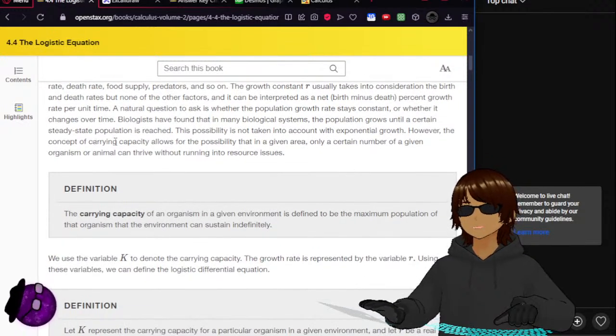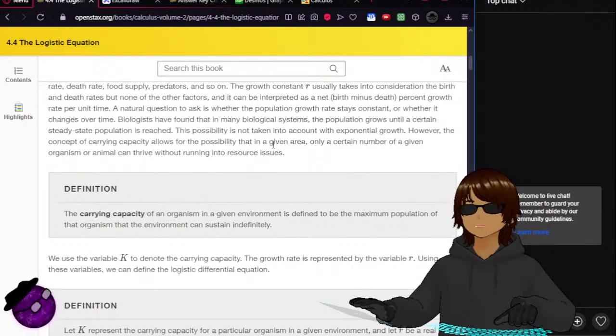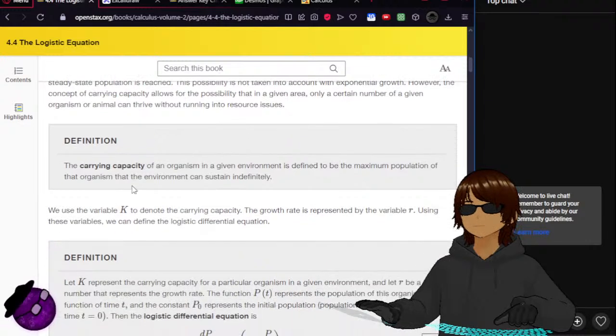However, the concept of carrying capacity allows for the possibility that in a given area only a certain number of a given organism or animal can thrive without running into resource issues. The carrying capacity of an organism in a given environment is defined to be the maximum population of that organism that the environment can sustain indefinitely.